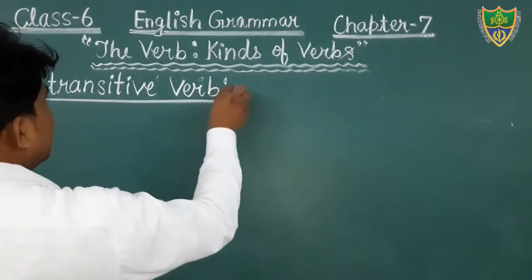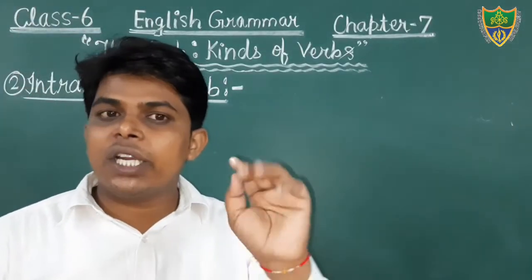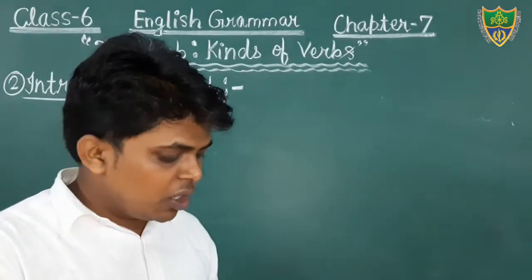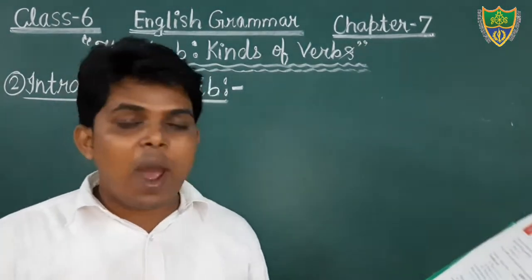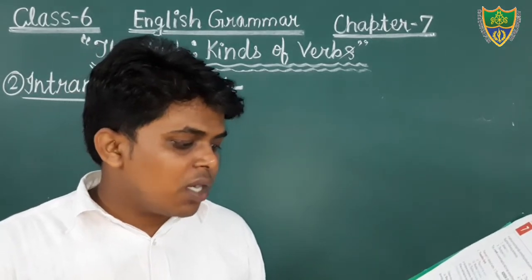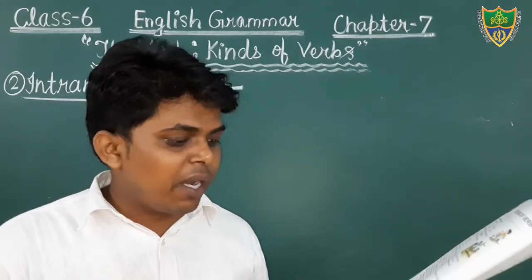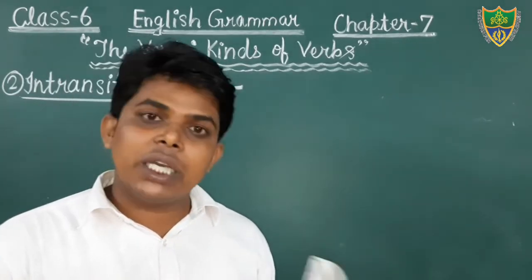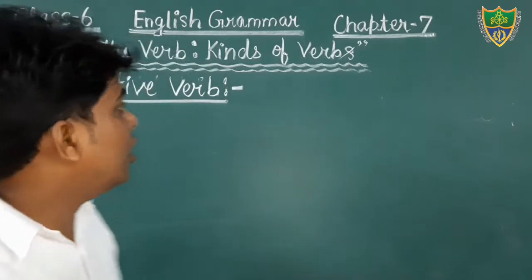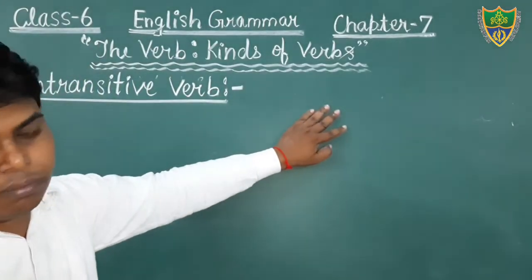Okay, just see. What is an intransitive verb? The verb used without an object, that is known as an intransitive verb. In your book it is given: a verb that does not require an object. That is the same thing. The verb that does not require an object to complete its sense but makes sense by itself is called an intransitive verb.